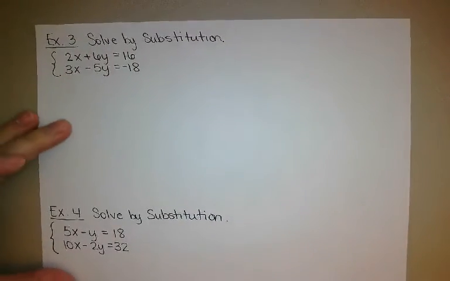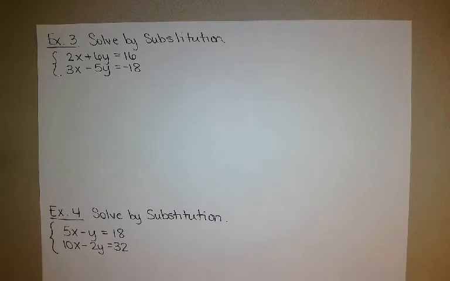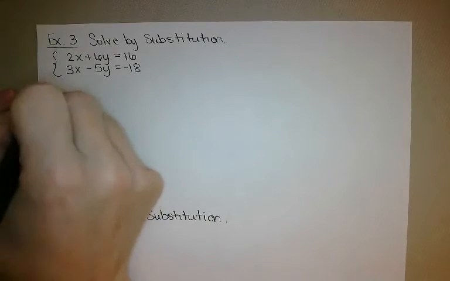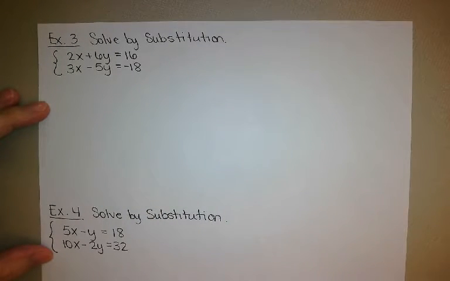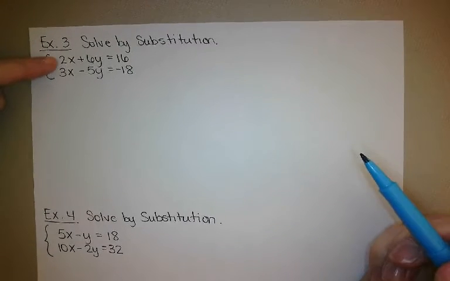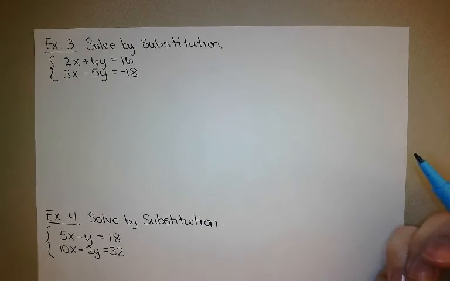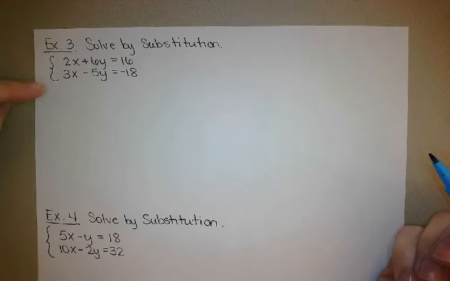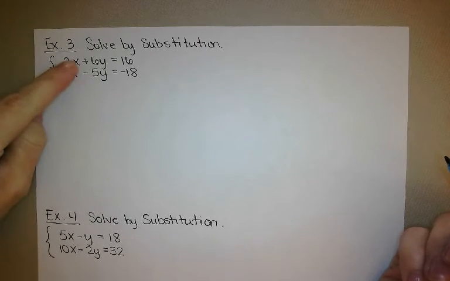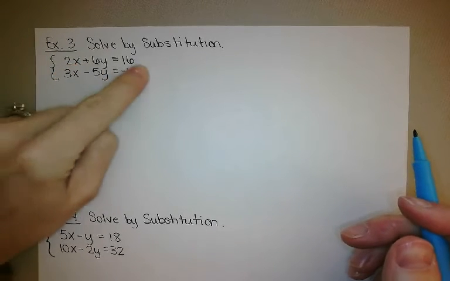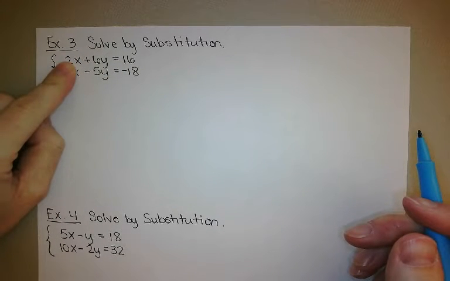All right, let's look at a case where they don't give us a coefficient of 1. All right, so I need to solve for one of these variables. Okay, one option's better than the other option. So since I don't have a 1 and since I don't have a -1, I would want to ask myself, is everything in this equation divisible by a 2?